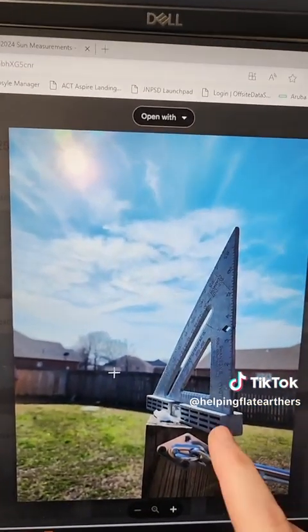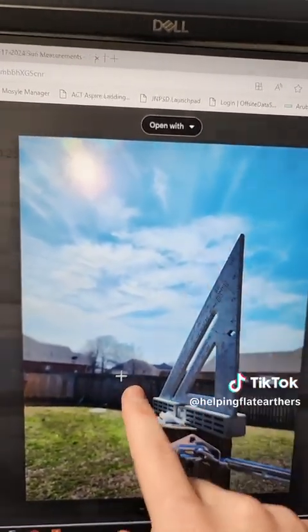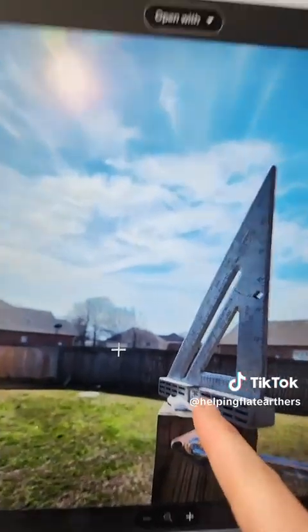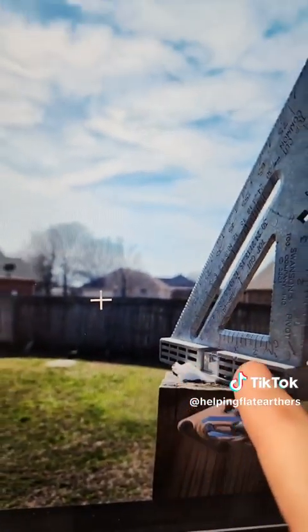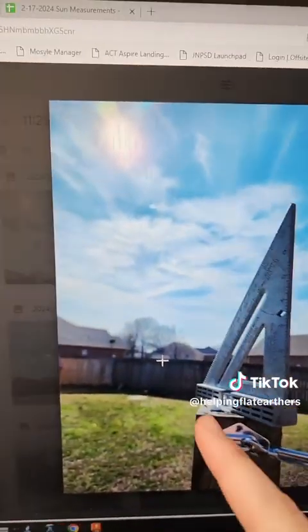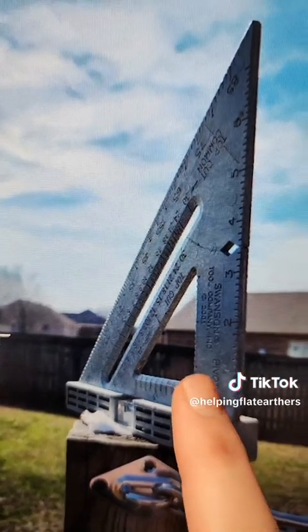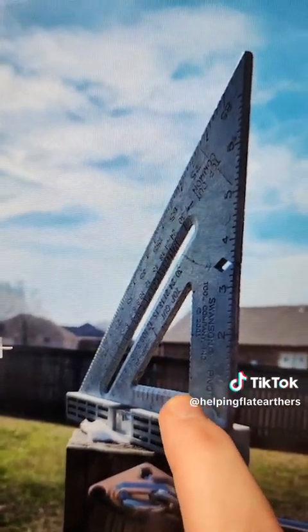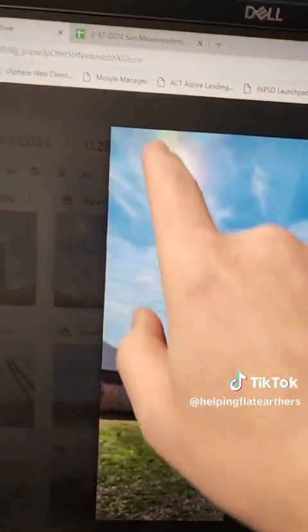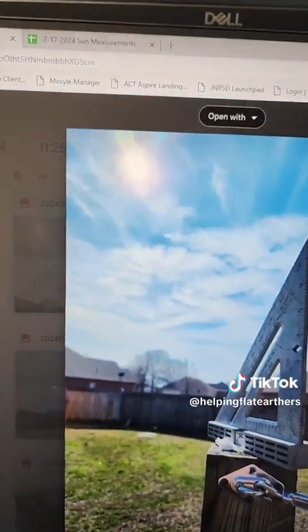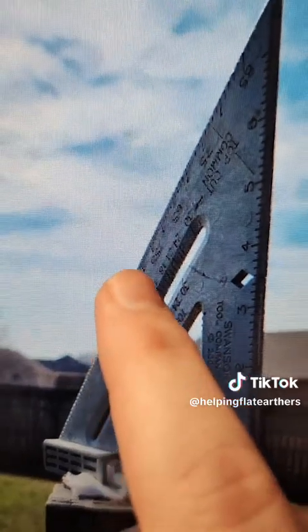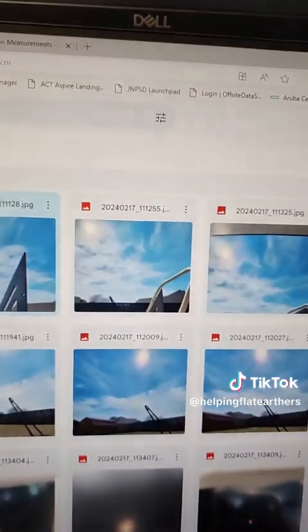So what I did is I pointed this speed square at the sun, and it's got a level down there, so I know that the speed square is level. And then I just took the picture, and then in CAD I drew a straight line from that point right there straight through the sun, and then I could see where that line went to on the speed square.